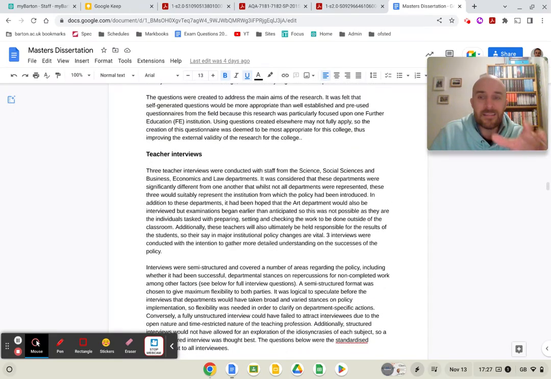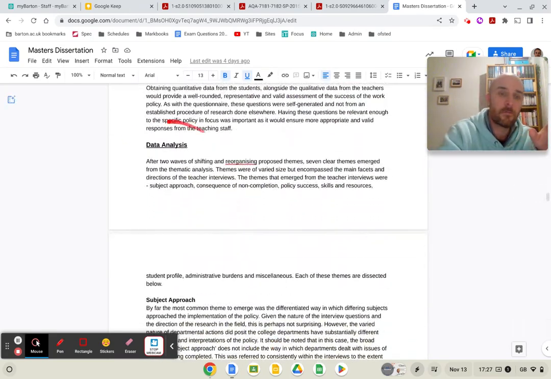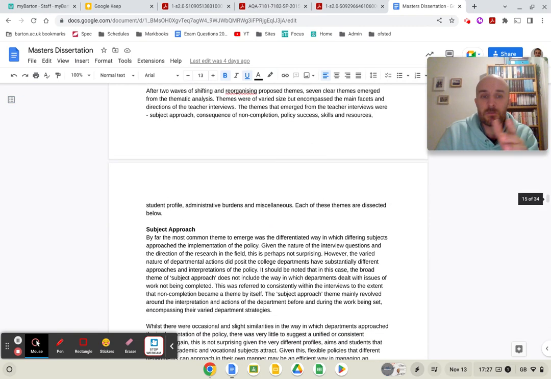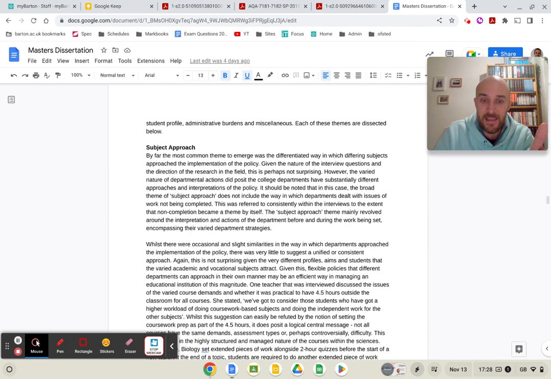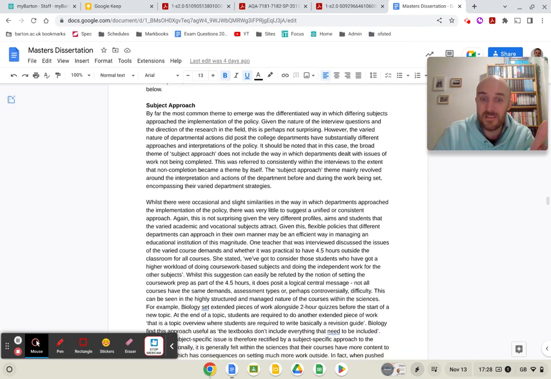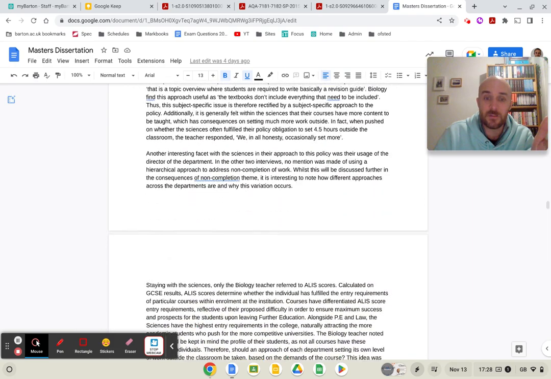But by the way, I did qualitative data. So when it came to the results, this was my qualitative data analysis. Look, there's hardly any, there's no statistics there at all. There's no statistics on this page whatsoever.